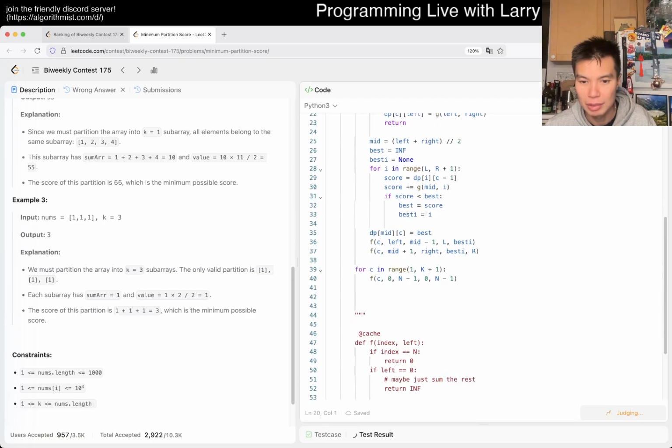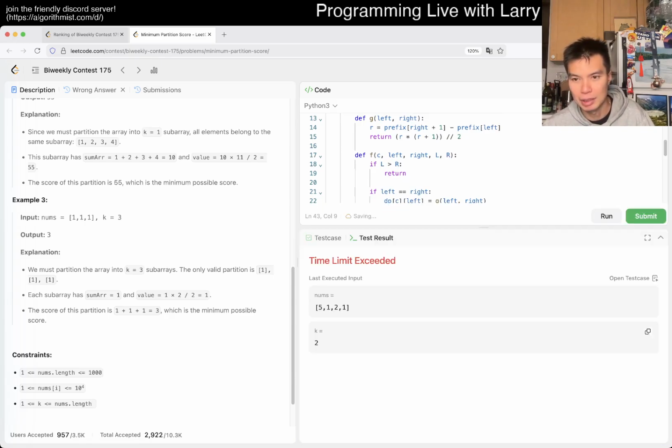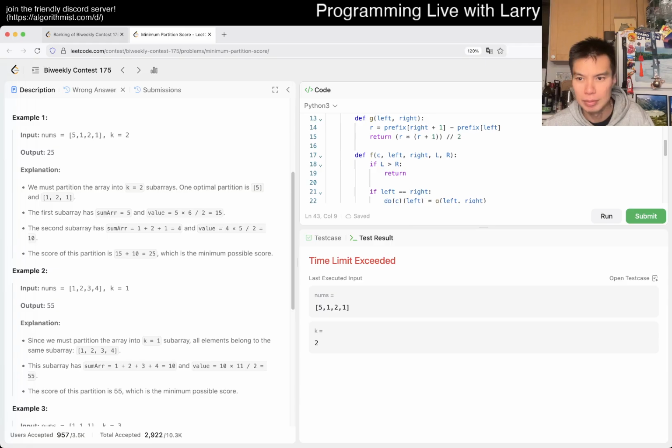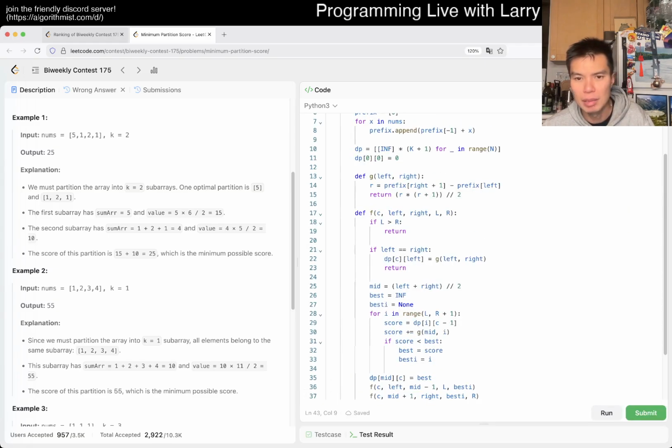Let's do an infinite loop. I didn't think of an infinite loop. I mean, now it's timed out, which is fine. I have to add some print statements, pretty print statements.